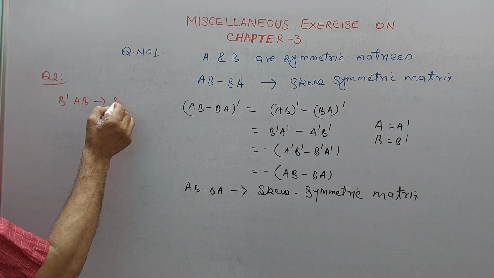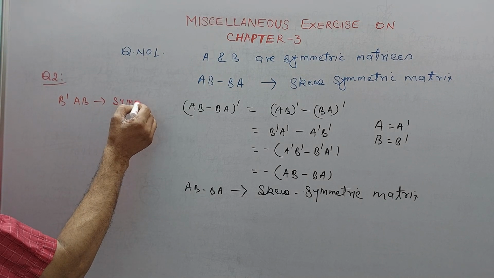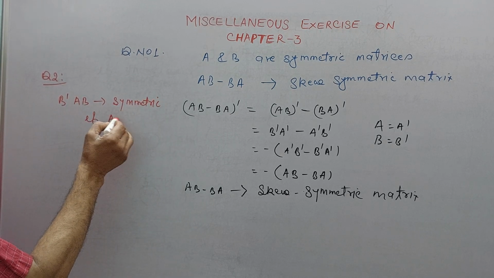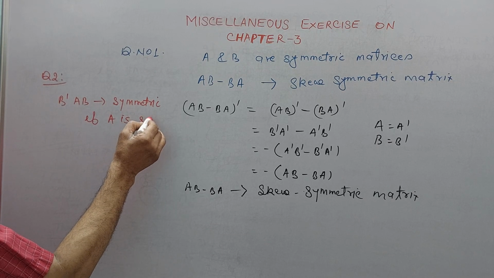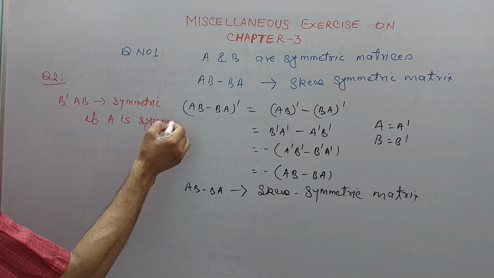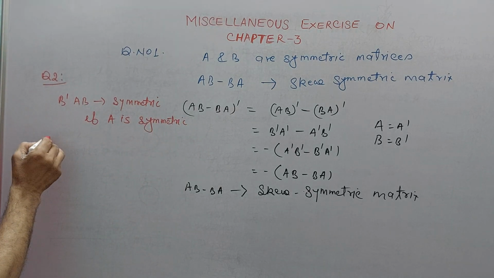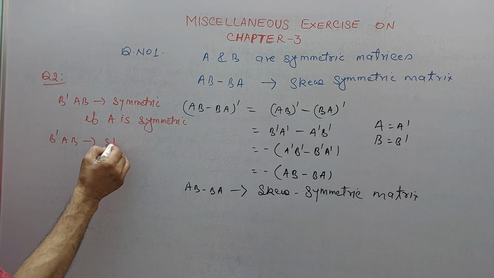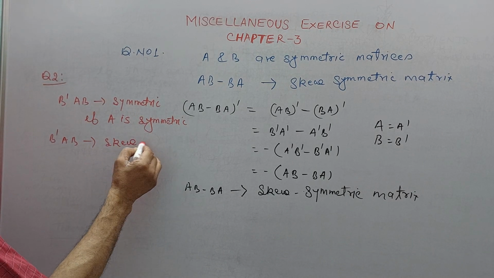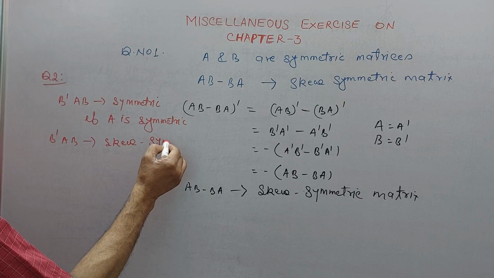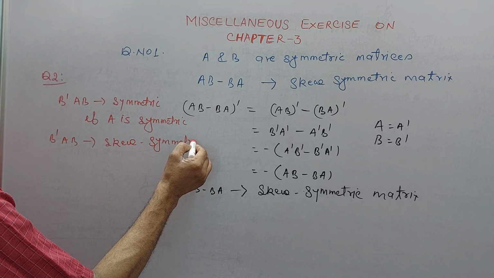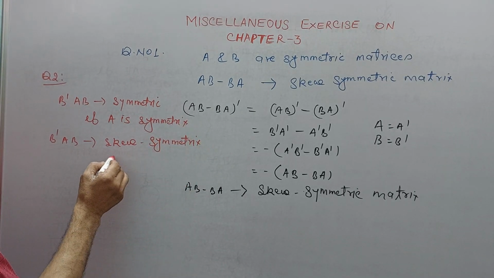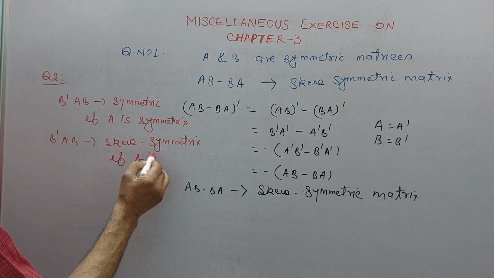We have to prove that B transpose AB is symmetric if A is symmetric, and B transpose AB is a skew symmetric matrix if A is skew.